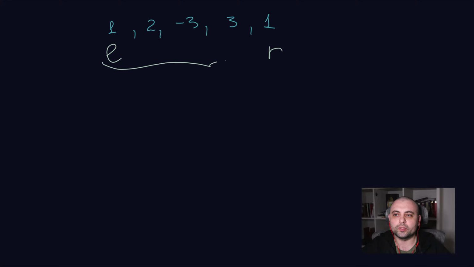So at first we do this, and it's not 0. It will be not equal to 0. In this case, if it's not 0, then we will decrement r. So r will be here.